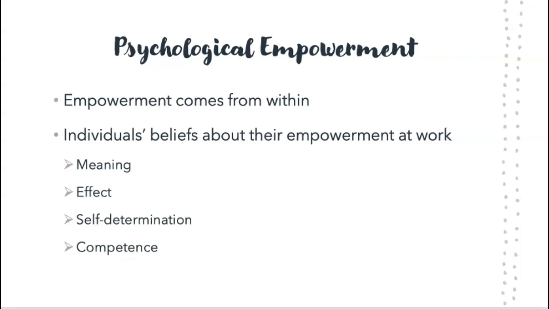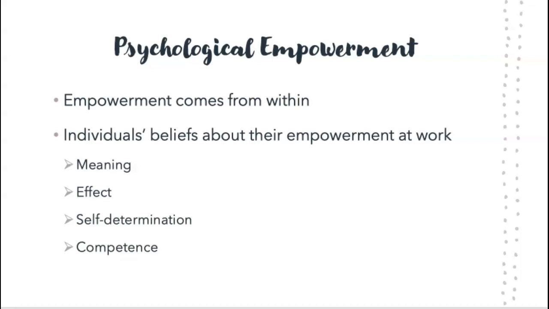Impact, which is the degree to which an individual can make a significant difference at work, so effect. Self-determination, which is the degree to which an individual has control over what they do at work. And competence, which is an individual's belief that they can perform work activities successfully.